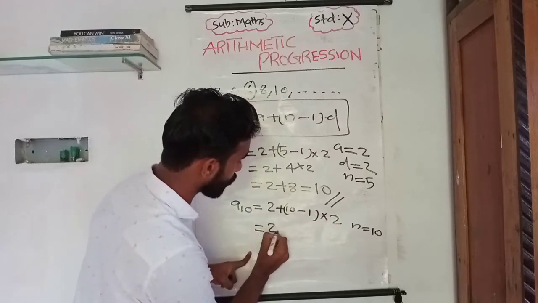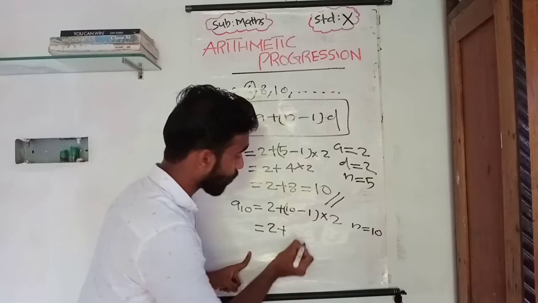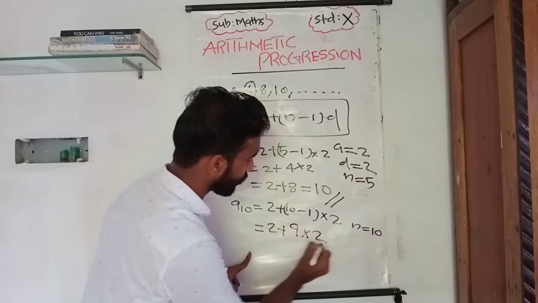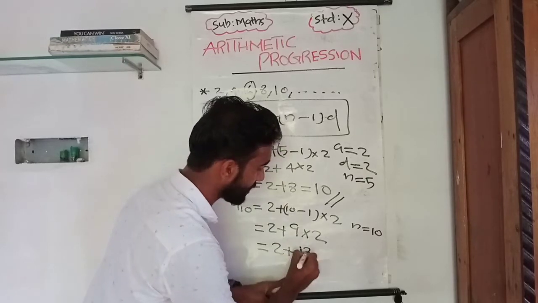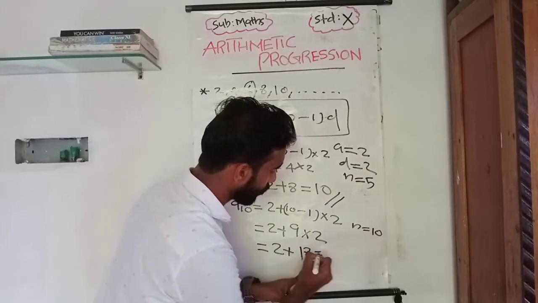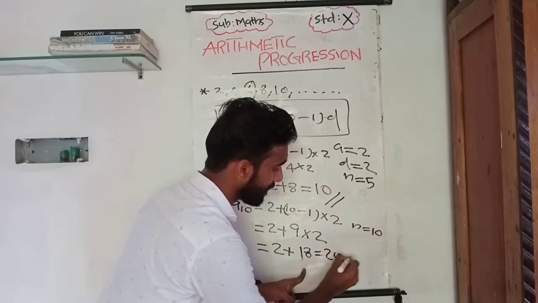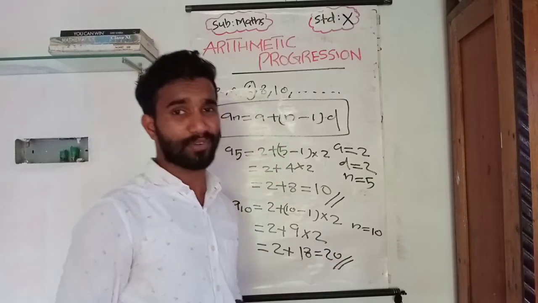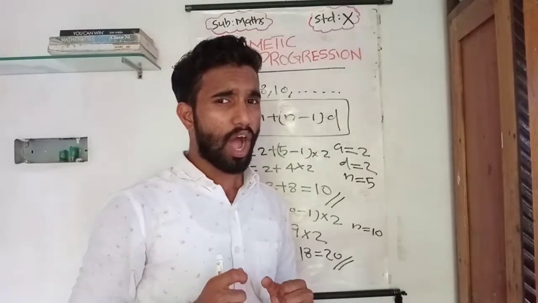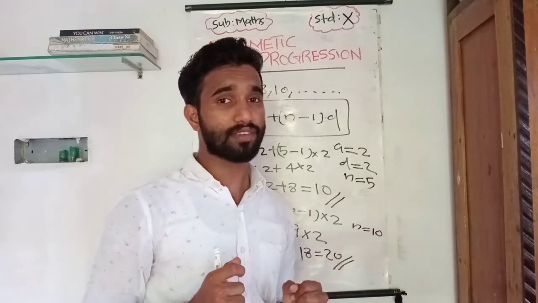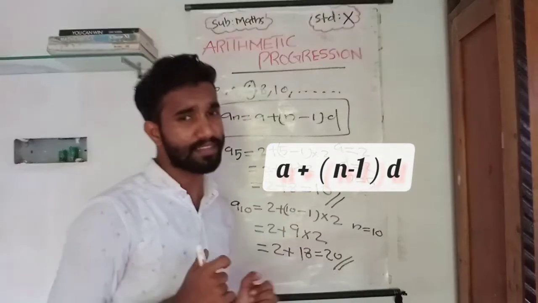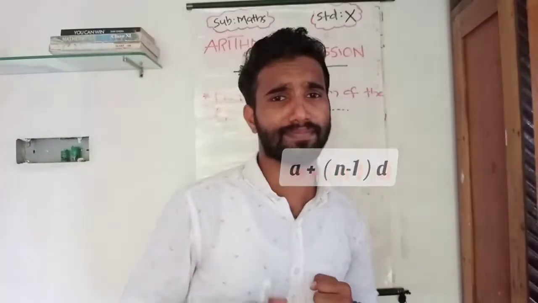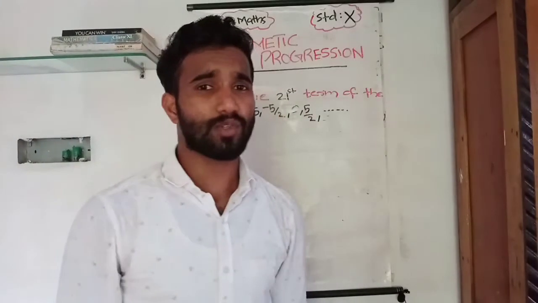Then the answer is 2 plus 9 into 2, that's 2 plus 18, that's equal to 20. This is the answer. You got it? This is how we can solve arithmetic progression using the general formula. Ready for the next question?